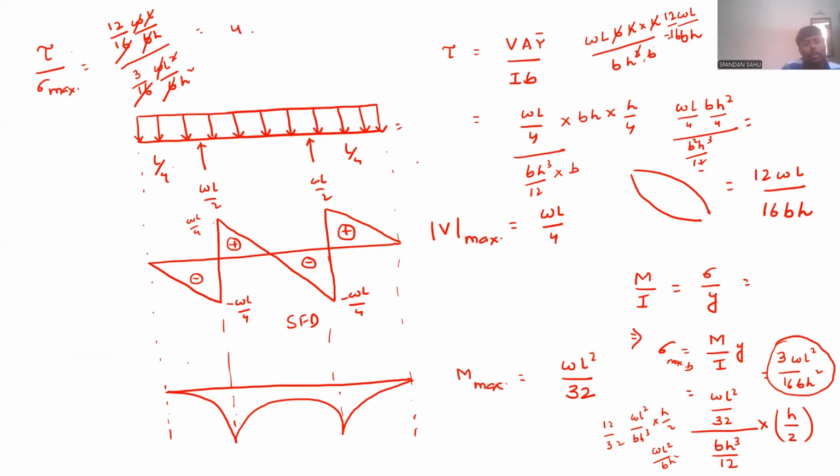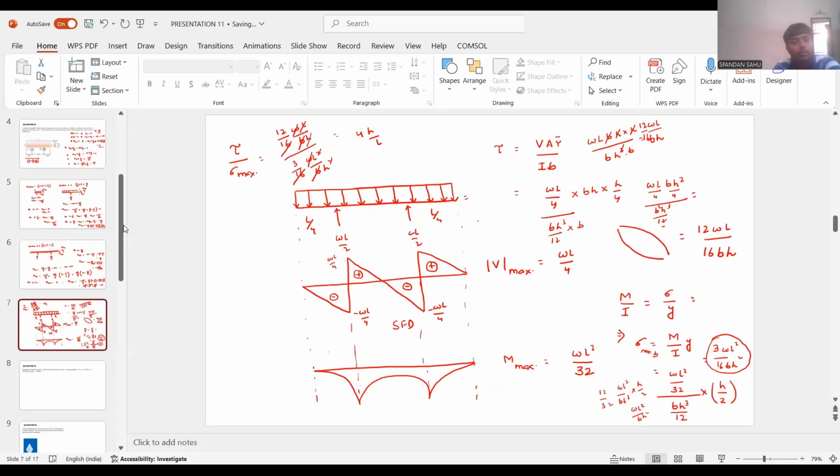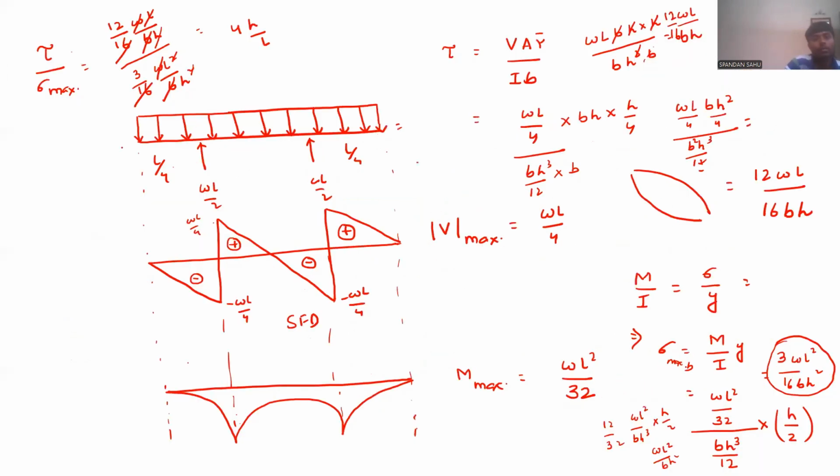So we will end up with 4 times H upon L. So we are getting tau upon sigma to be 4 times H by L. So this is the final answer. Is this question clear to everyone?